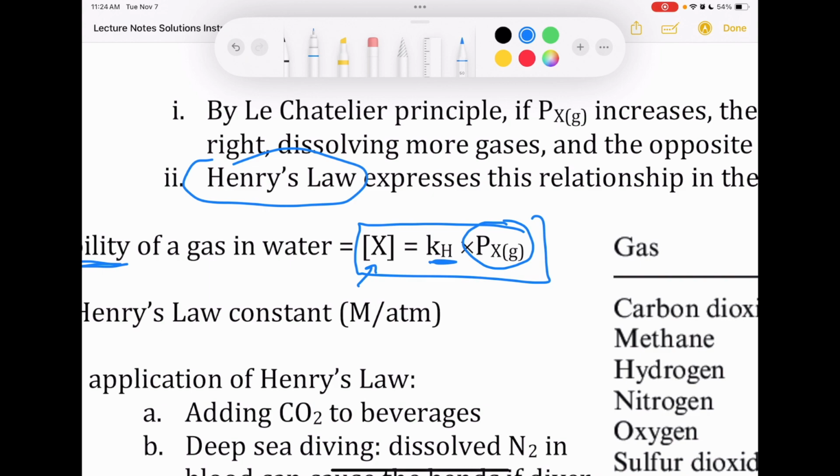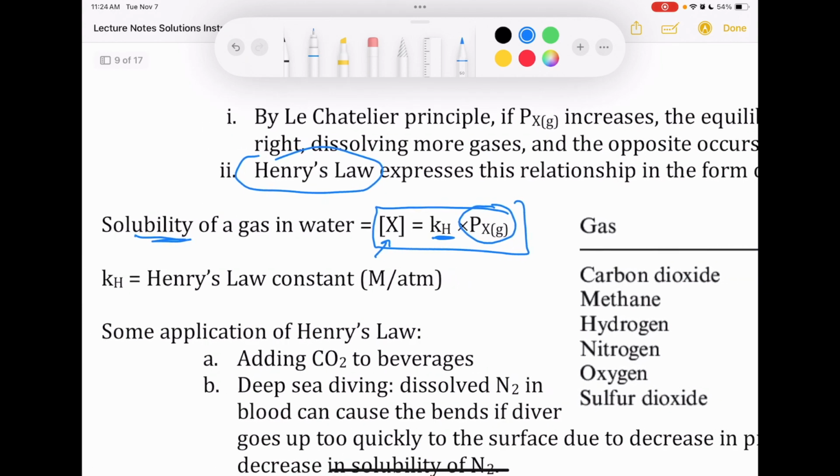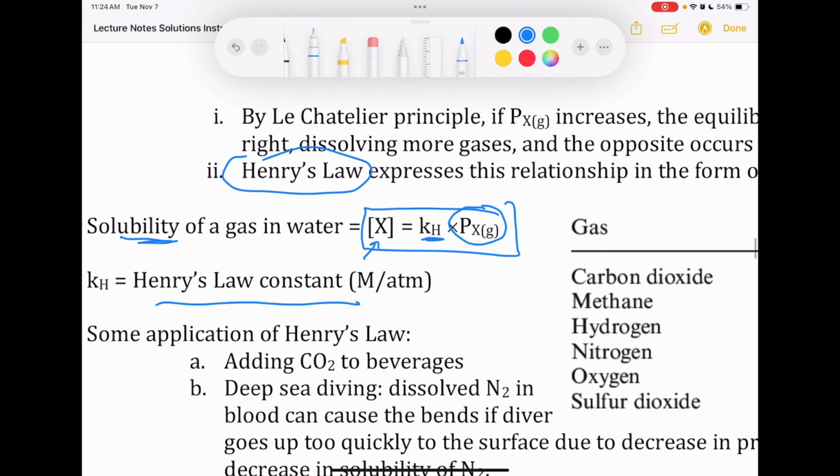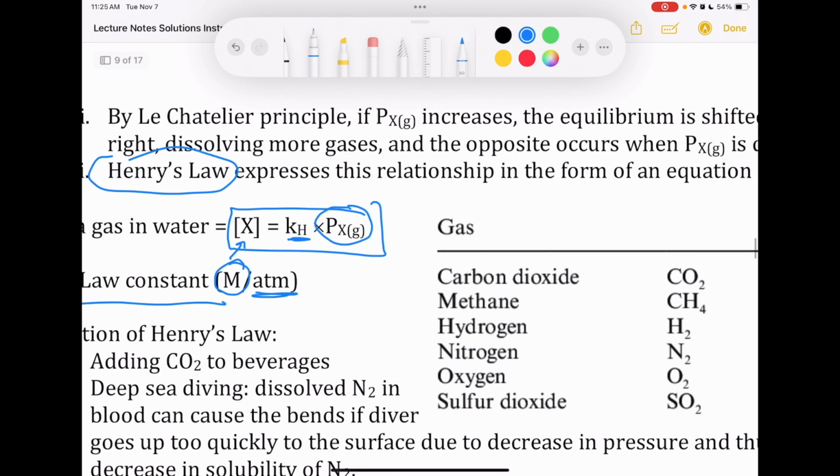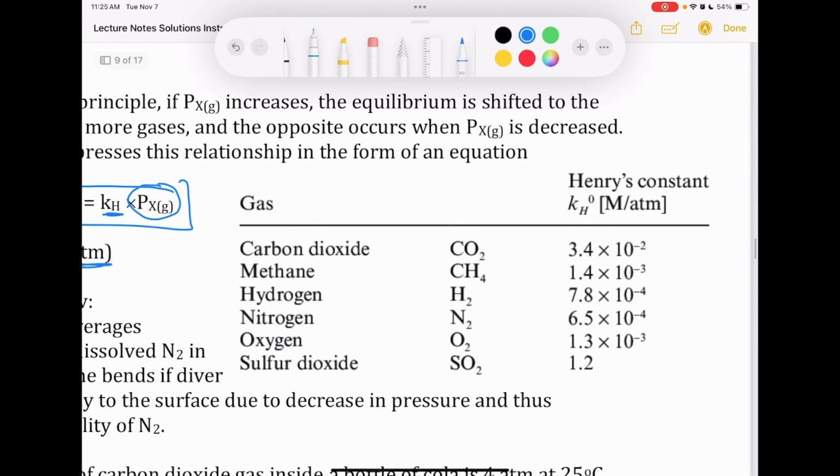Okay, this Henry's law constant is really a measure of the solubility per unit pressure. So different gases have different Henry's law constants, and you can see that most gases have pretty low Henry's law constants, right? So they don't dissolve much at all per atmosphere of pressure. But you can see that sulfur dioxide actually has the highest Henry's law constant, which means that it dissolves quite a bit compared to all the other gases per atm of pressure.